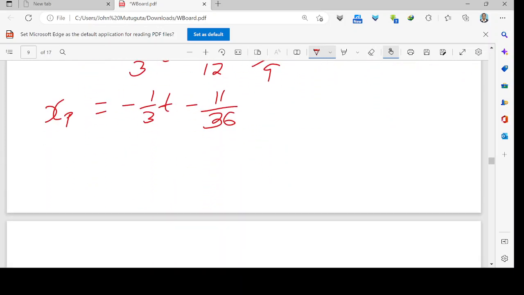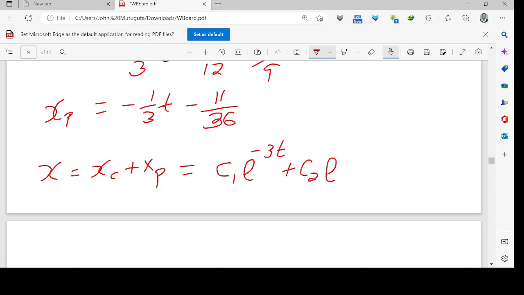The general solution x is equal to xc plus xp, and this is c1 e raised to power negative 3t plus c2 e raised to power t minus 1 over 3 t minus 11 all over 36. This is the solution x.